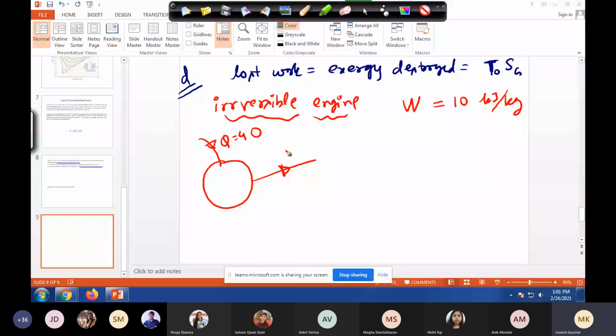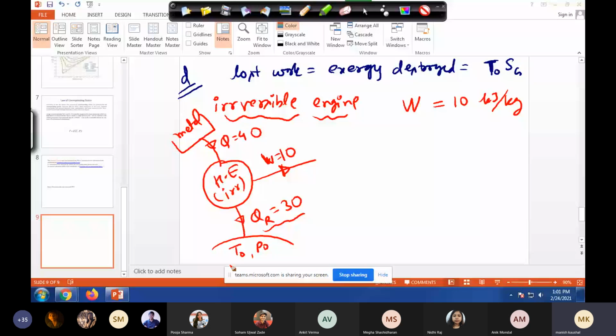And some heat is going to be rejected, which is basically 30. Heat engine, irreversible, metal, environment, T0.